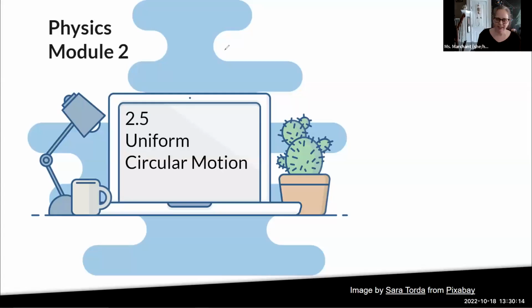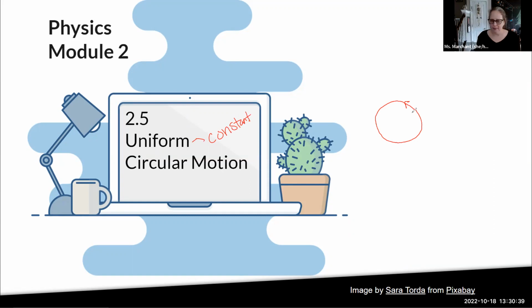All right, so here we're doing 2.5 uniform circular motion. Uniform is just another way to say constant. So this can be anything going in that circular motion. That could be a moon or satellite going around Earth. That could be a planet going around a star.